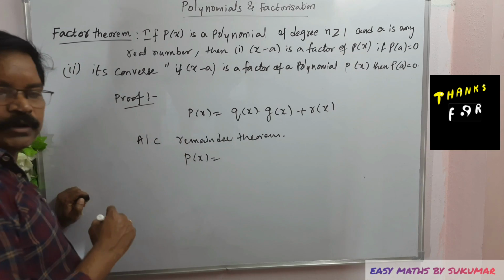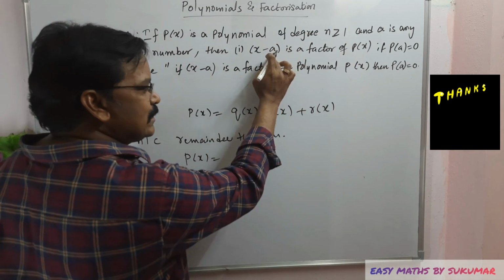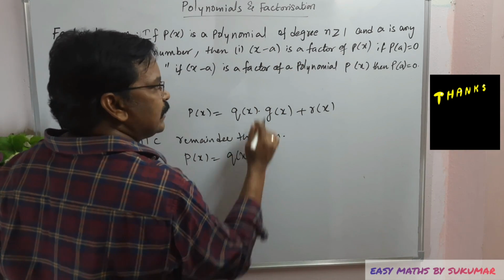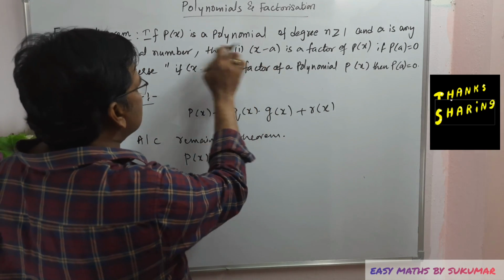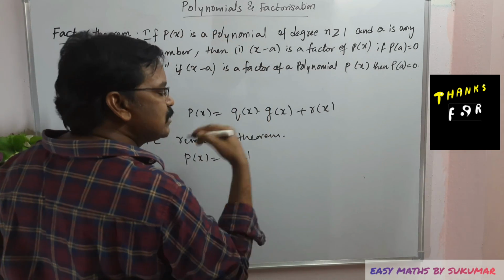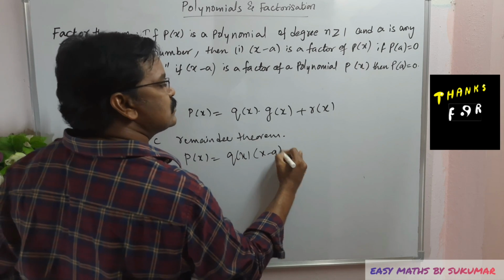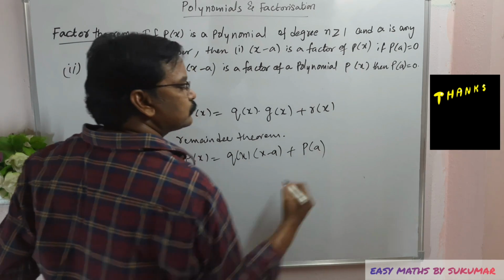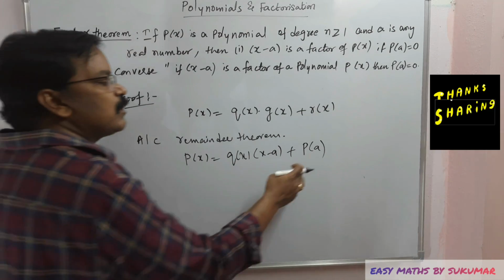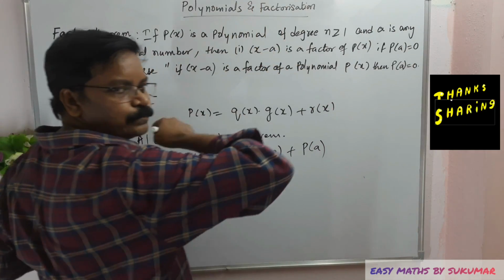P of x is equal to, here this x minus a is what? The divisor. When x minus a is the divisor, p of x is the dividend. So here you write x minus a. So what is r of x here? This is p of a. Okay, p of a is the remainder.